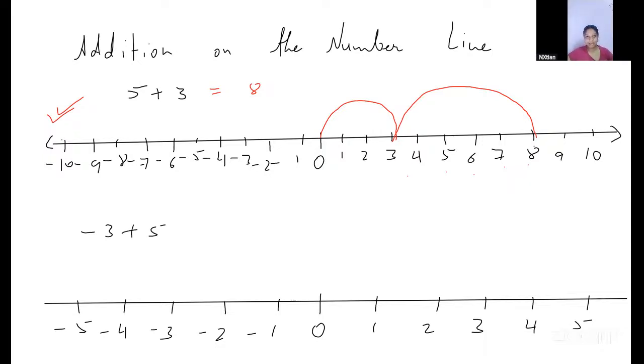We have minus 3. And minus 3 comes where? If we move 3 steps towards the left from 0, we will get minus 3. So we are going to move 3 steps left from 0.